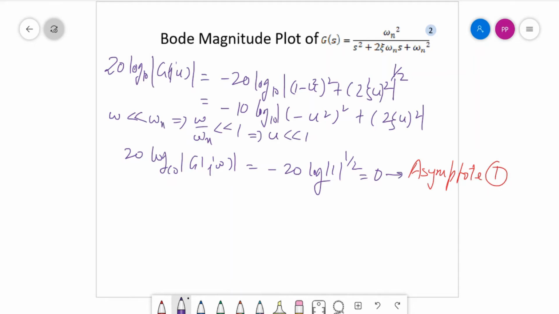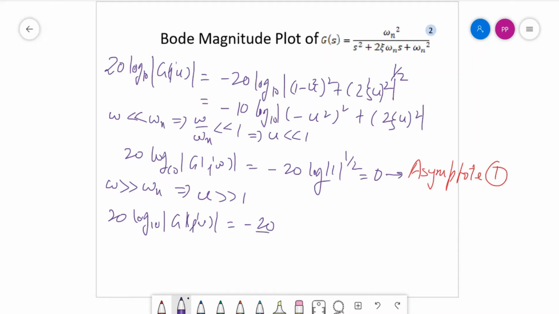So omega is very much greater than omega n, which implies that u is very much greater than 1. In that case, 20 log base 10 mod of G at j omega is equal to minus 20 times, since we have taken the square root term, minus 20 by 2 log base 10.